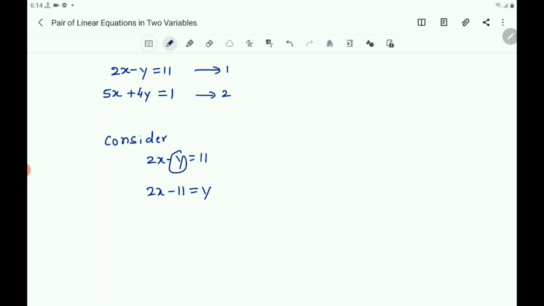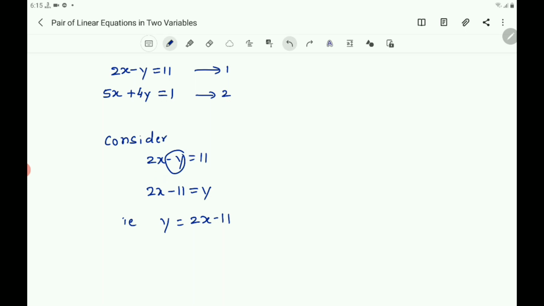Minus y becomes plus y when it is transferred to RHS, and 11 becomes minus 11 when it is transferred to LHS. Now you got y equals 2x minus 11. If y is positive, then naturally you can transfer 2x to the RHS, then you will get y equals 11 minus 2x.